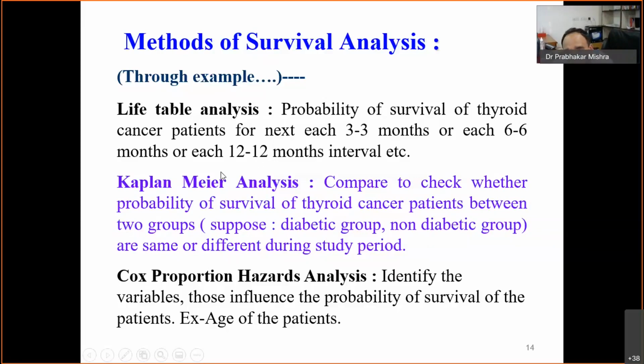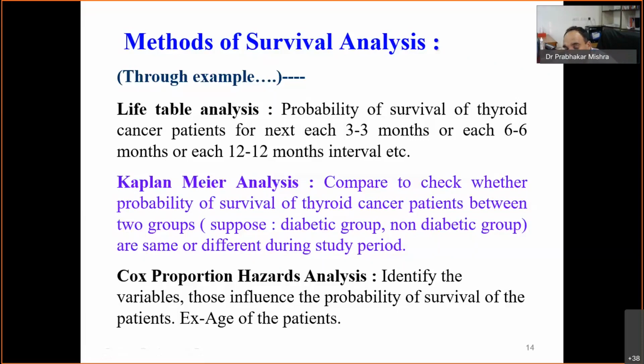Now see, life table and Kaplan-Meier. Life table is simply a method. The Kaplan-Meier method is univariate analysis. Both methods are univariate in nature. Suppose a diabetic person has more chance of death compared to a non-diabetic person, but it might be possible that diabetic persons are dying because of higher age, and non-diabetic persons are surviving more because they are in a lower age group.